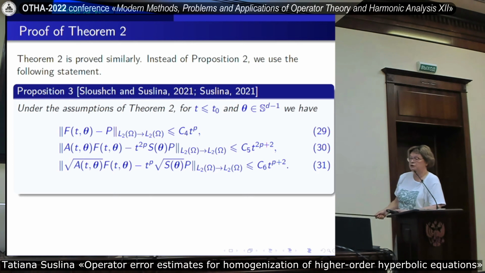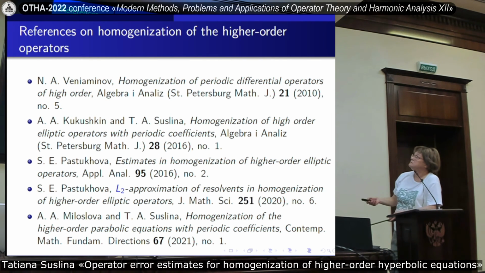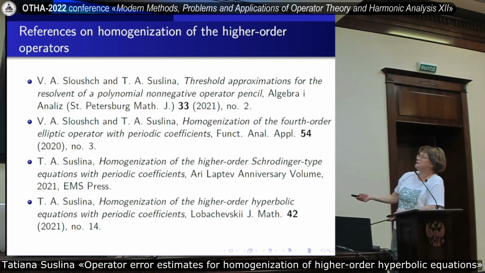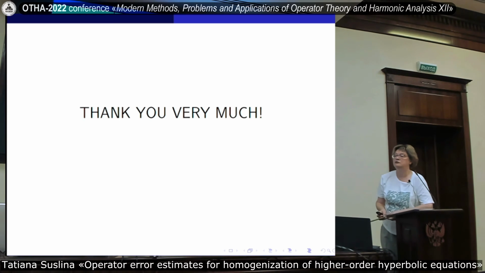They are improved compared with the previous proposition. So applying these improved threshold approximations, we can obtain the improved results, Theorem 2. Well, some references, and thank you very much.